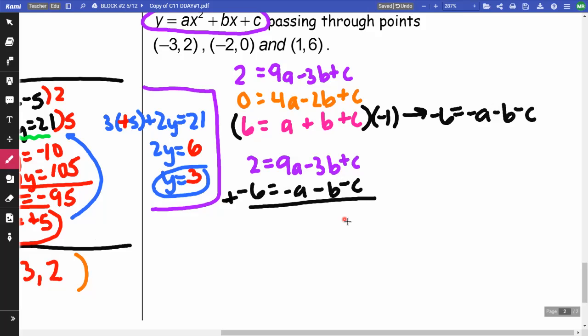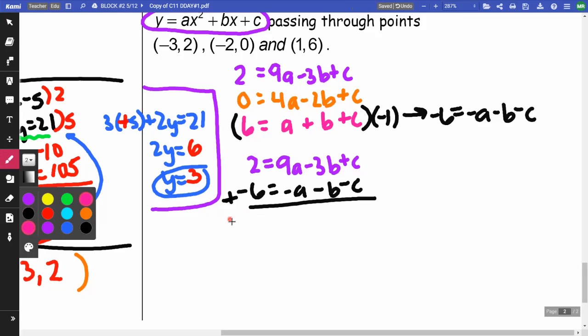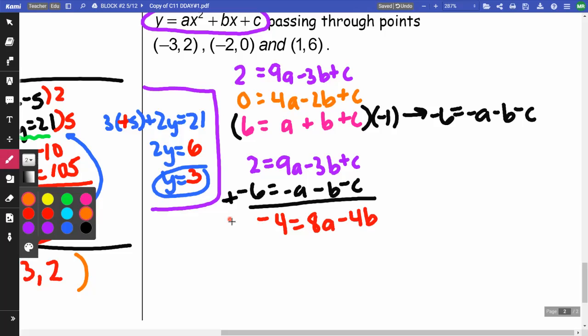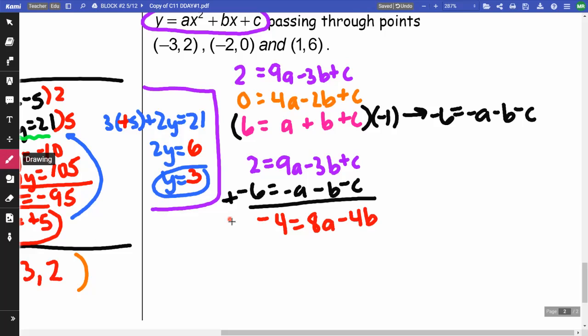And when I add these together, I am going to end up getting, and I'll write this in red, a -4 is equal to 8A minus 4B. Everything's divisible by 4 here, but let's just see what happens in the other equation. So I'm going to take my orange one this time.